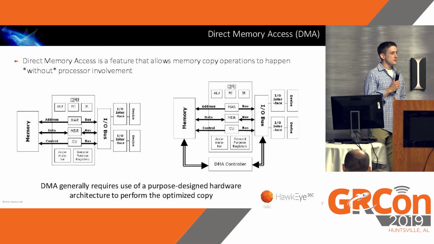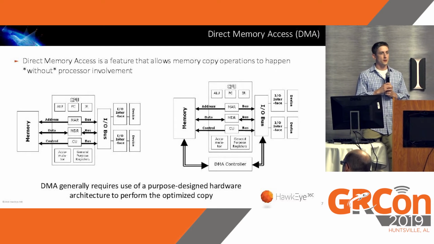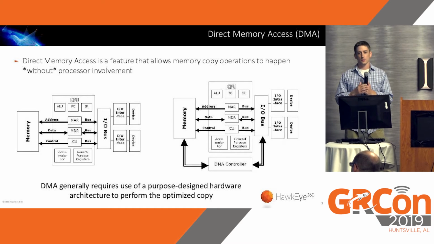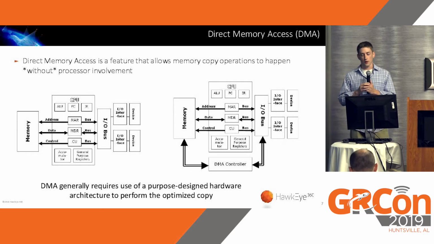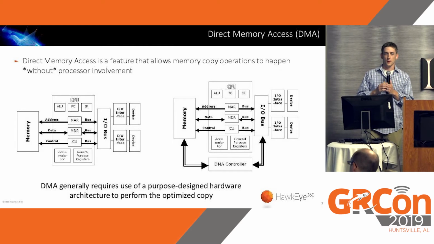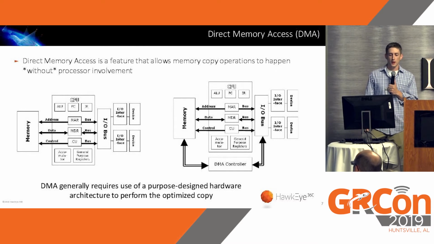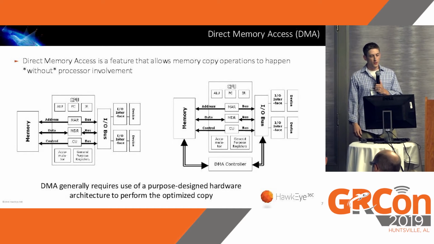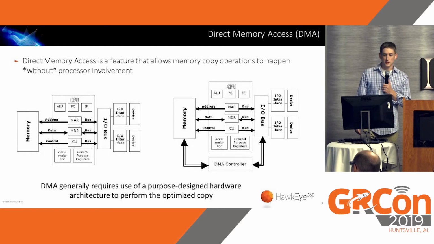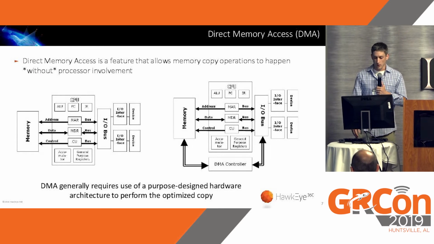The concept of this is that the processor can't really service the entire memcpy itself. The ARM has some amount of processor rate, 600 megahertz or so, depending on what ARM you have, and you just can't transfer that amount of data and do other relevant stuff. So the idea is that you have some hardware feature that's able to perform the copy asynchronously and without processor involvement.